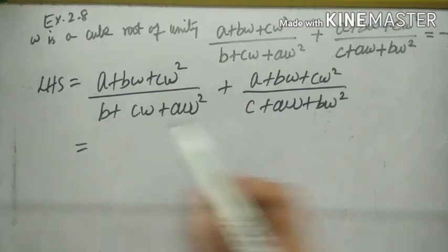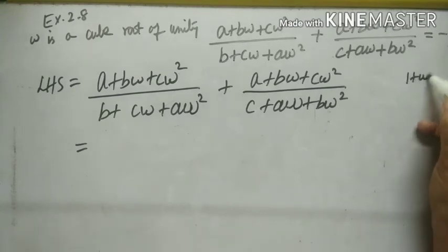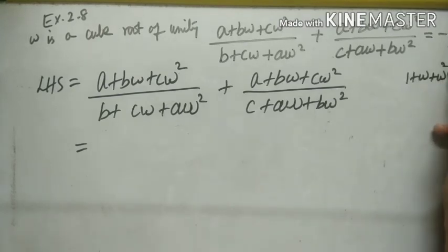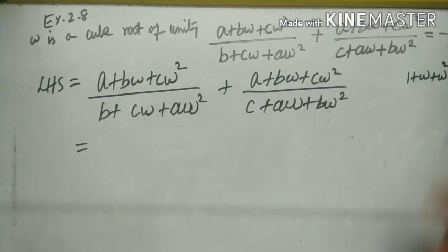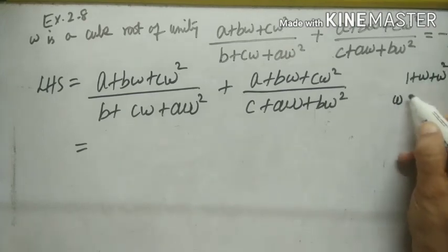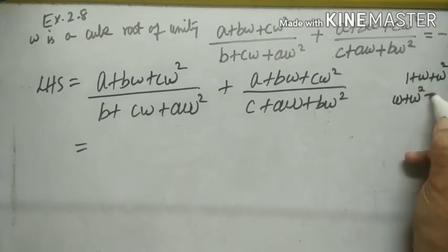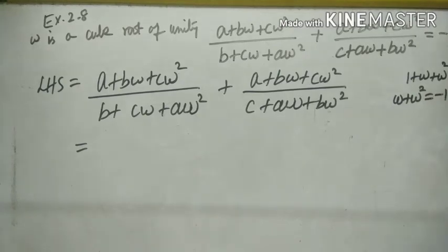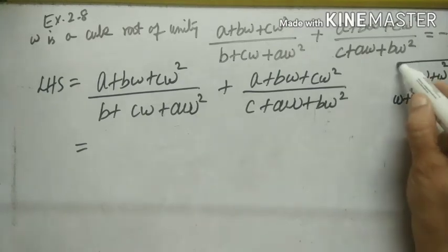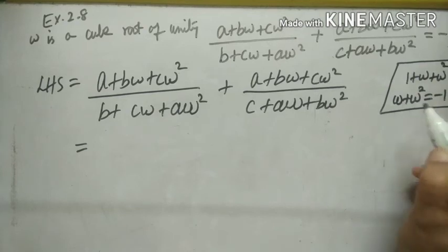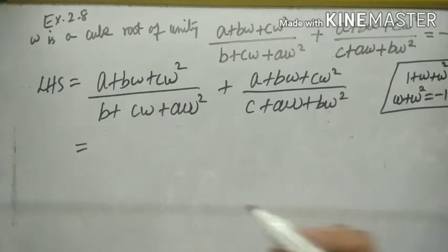To arrive at the right hand side, minus 1, we remember the idea 1 plus omega plus omega square is 0. So if I want minus 1, my answer should be omega plus omega square, that is minus 1. So my main idea is to bring omega plus omega square.